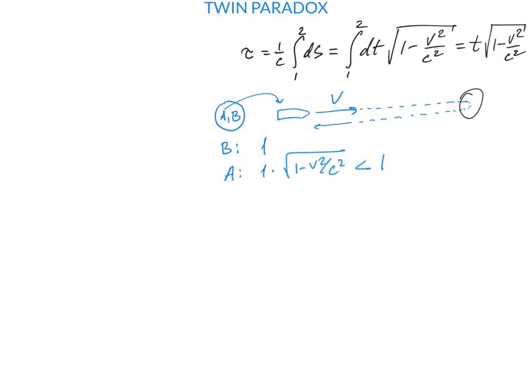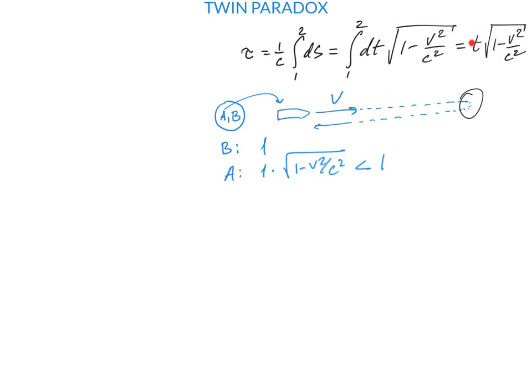Now, what would happen if Alice attempted to illegally apply this formula in her reference frame? Her reference frame is accelerated. It is accelerated at the end of the journey when she turns back. So if she tried to apply this formula in her reference frame, she would use the same expression.